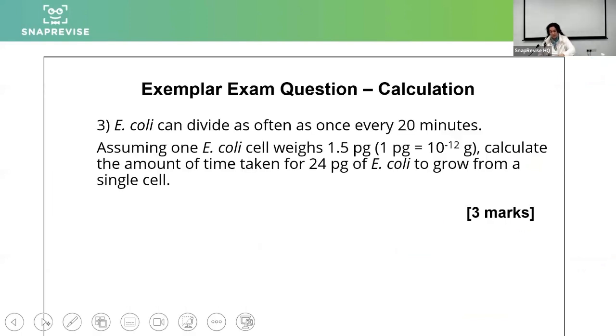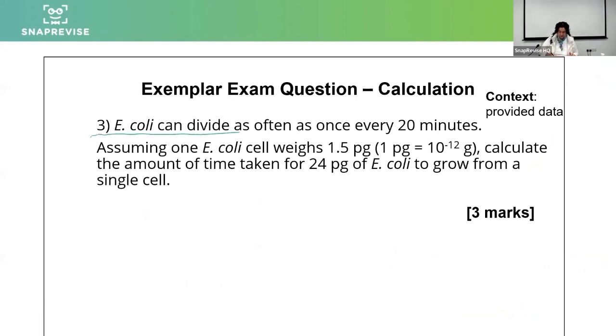Let's have a look at a typical question, which is also a calculation question. So E. coli can divide as often as once every 20 minutes, as can most bacteria. So that is my context here. Context in green.